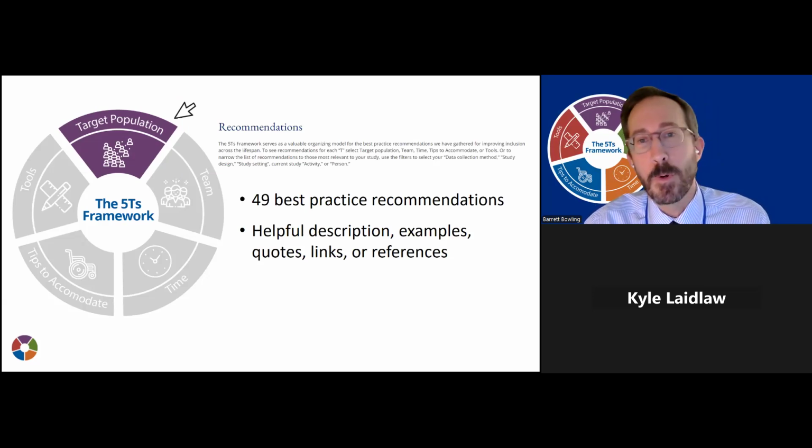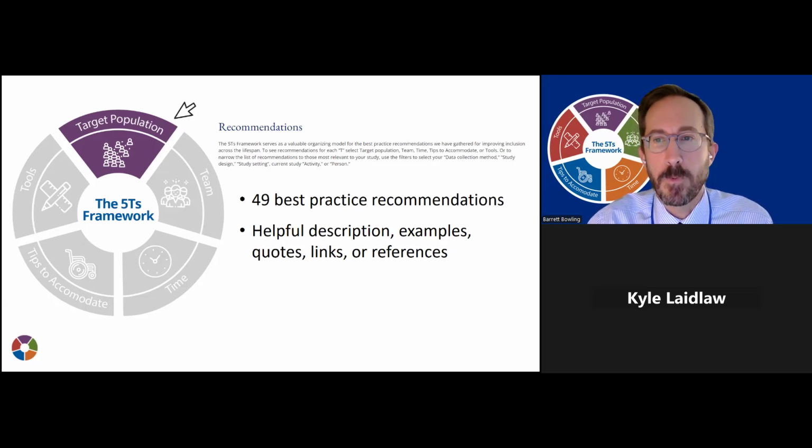And then we went through a process of reviewing the literature to find additional recommendations, and really trying to distill these hundreds of recommendations down to 49. We describe these as helpful descriptions with examples, quotes. We provide links or even references that can point people to resources to address each of these recommendations.